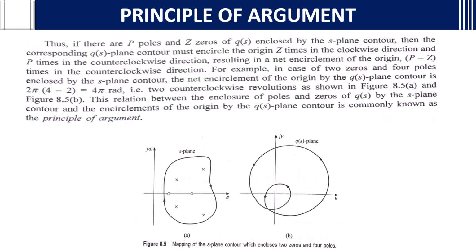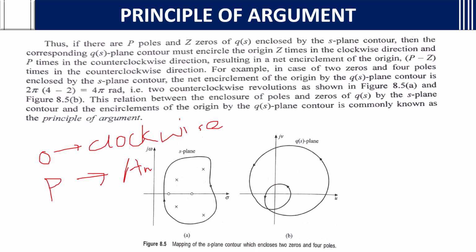We have seen that if only zeros are present inside the contour, it will go clockwise. If only poles are present, then it is anticlockwise. Counterclockwise means nothing but anticlockwise. And if both zeros and poles are present, then you need to take poles minus zeros.